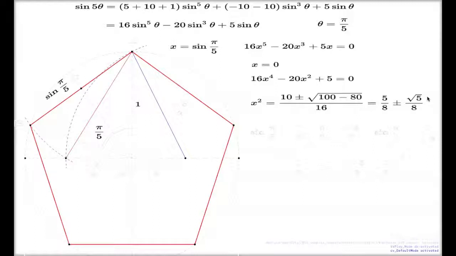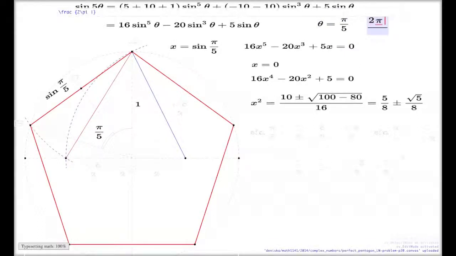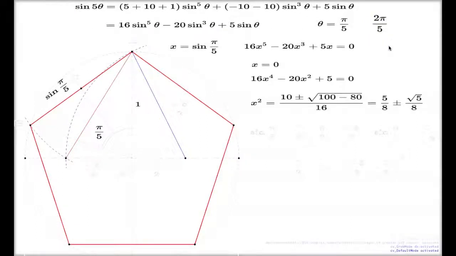Listen to this. If you take here, rather than pi on 5, 2 pi on 5, this is another angle within the first quadrant. 2 pi on 5 is still less than pi on 2. So it's another angle where sine is positive, right? The same argument will still work, right?